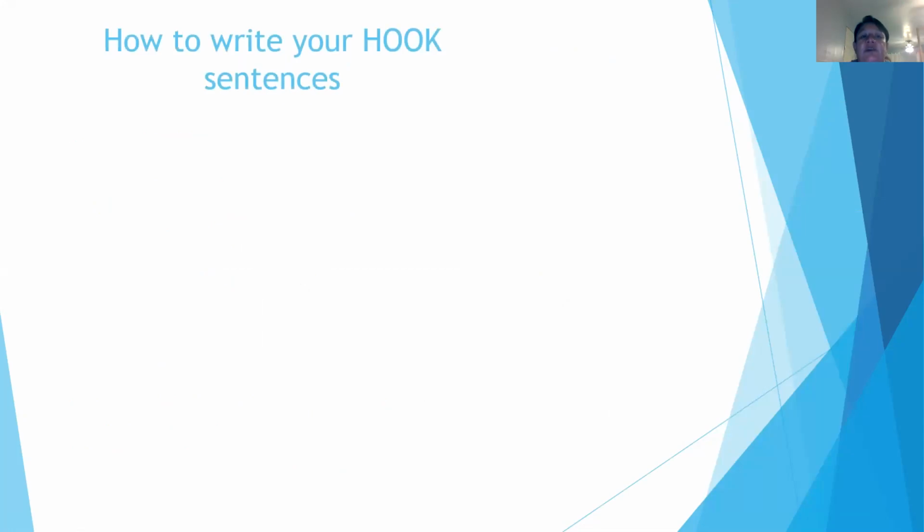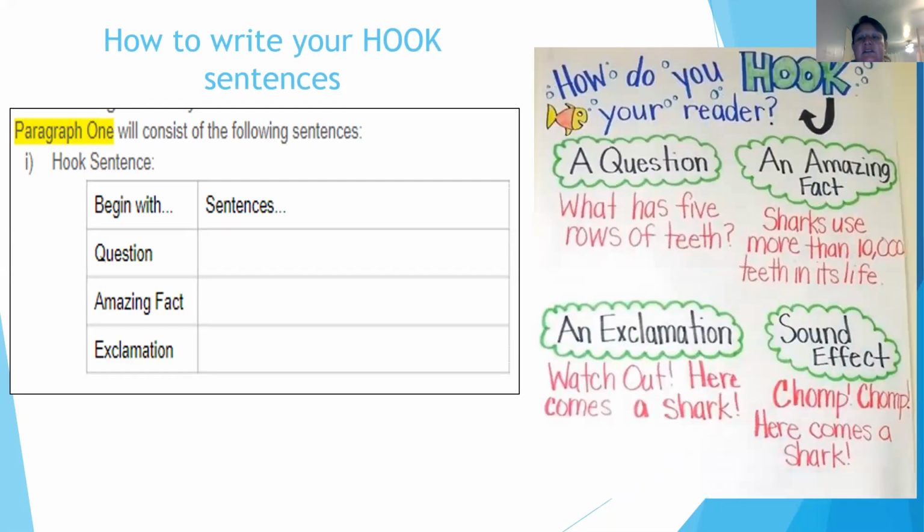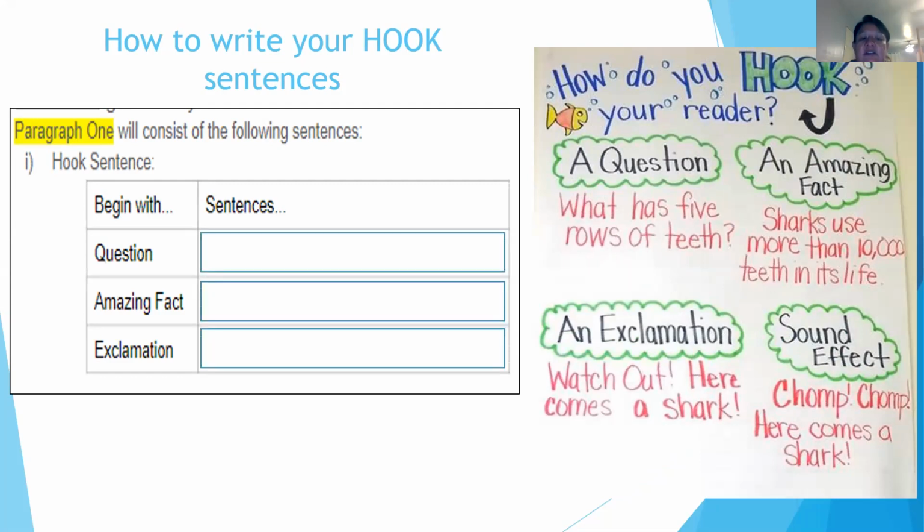So, how to write your hook sentences. This is what you need. These are the 2 things you need to help you write your hook sentences. And then you type in your sentences in these parts on your writing assignment.